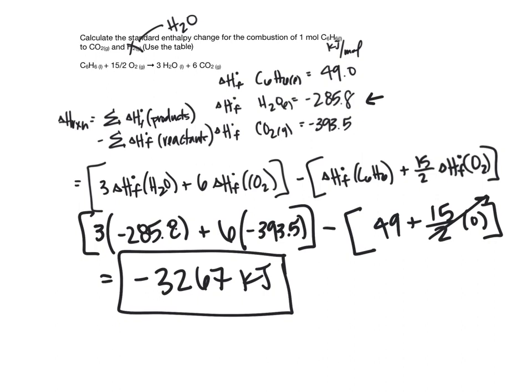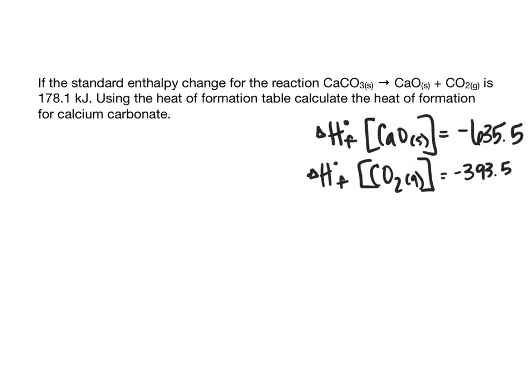So let's look at another example. In this case, the standard enthalpy change for the reaction, calcium carbonate decomposing into calcium oxide plus CO2 gas, is 178.1 kilojoules. Using the heats of formation table, I've provided some of the information. Calculate the heat of formation for calcium carbonate.